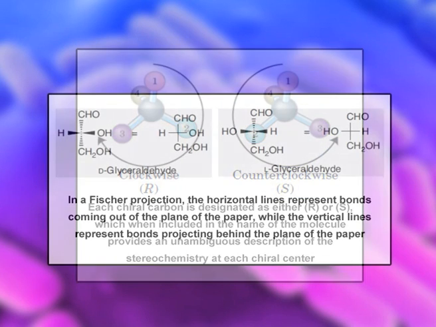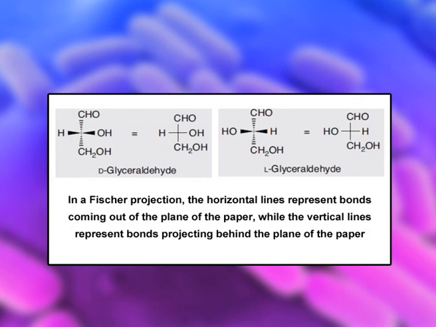There is another system called the D and L system, which is a little bit older but still quite used, where the descriptors D and L relate the sense of chirality of any molecule to that of D and L glyceraldehyde.